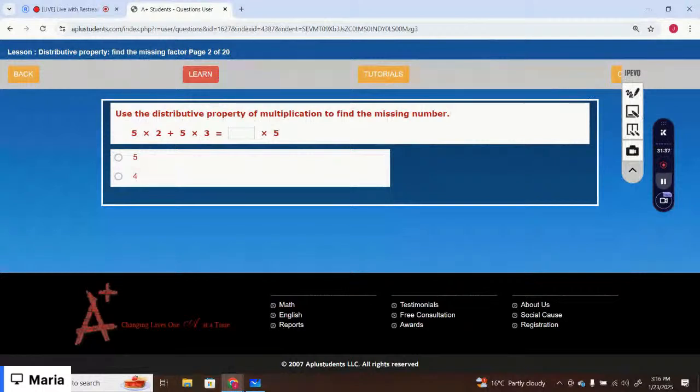Five it is, right? Because you can see here 5 is the common number that is multiplying, and also 3 plus 2 makes 5, so the missing number is 5.